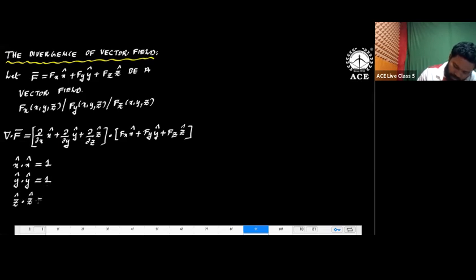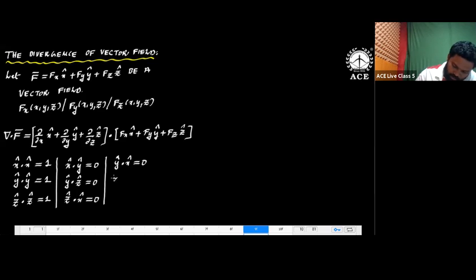Z dot z is equal to 1. Remaining all combinations are 0. X dot y is equal to 0. Y dot z is equal to 0. Z dot x is equal to 0. Y dot x is equal to 0. Z dot y is equal to 0. X dot z is equal to 0. Yes, so these are the dot product rules. Then you can ask why, how. That I'll justify later in the coordinate system.